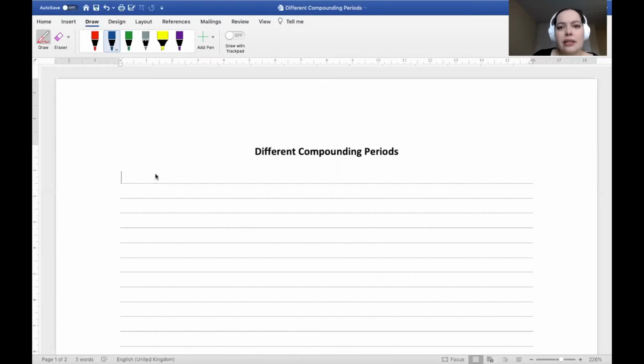Let's just go over some basics about interest so that we can see how this new section, different compounding periods, relates to that. Up until now, we've pretty much been given something along the lines of the following. Our interest rate is 15% per annum, simple interest. Or alternatively, 15% per annum compound interest.